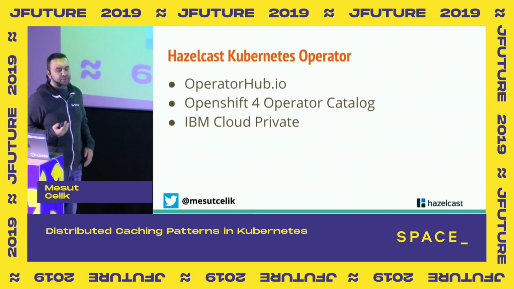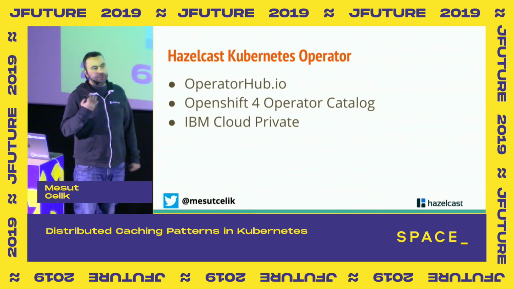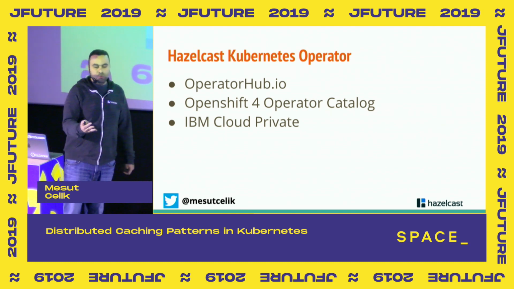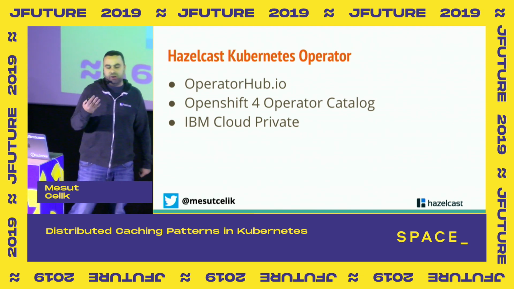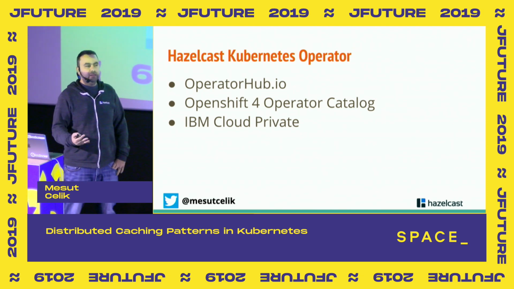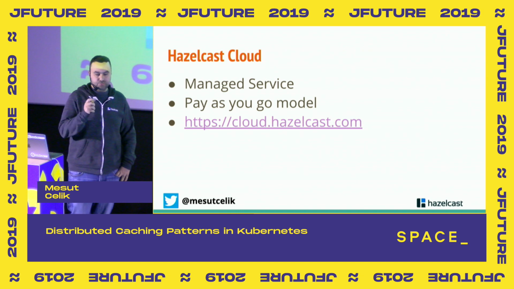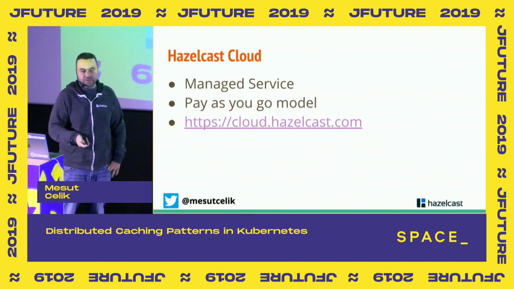But you can also use, if you are using some commercial Kubernetes distributions like OpenShift or IBM Cloud Private, then Hazelcast comes directly in the catalog. So you can use Hazelcast from this catalog too. And the other deployment option is Hazelcast Cloud. So you can just go create an account and start using Hazelcast.